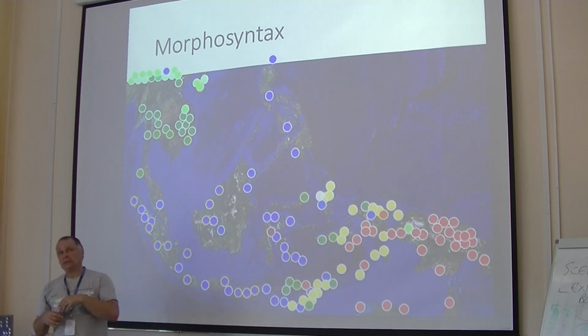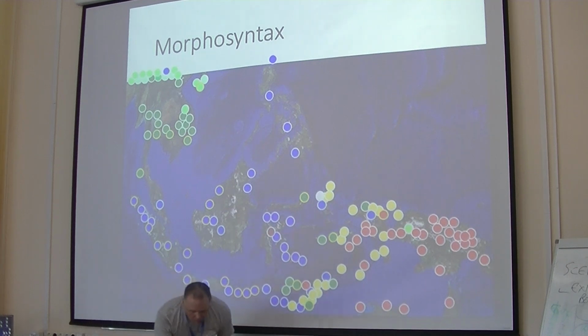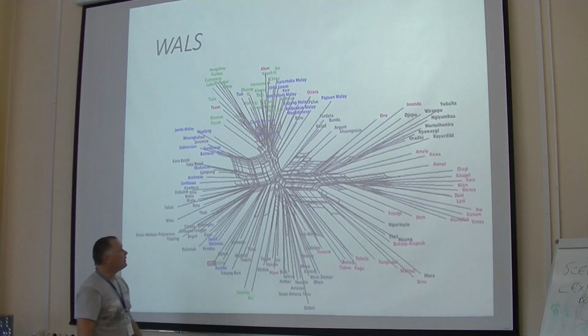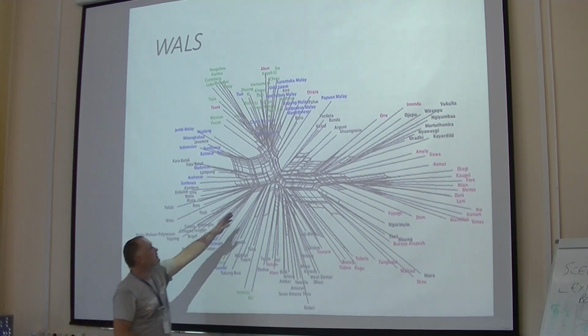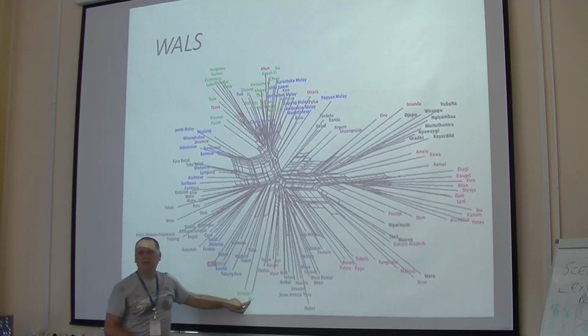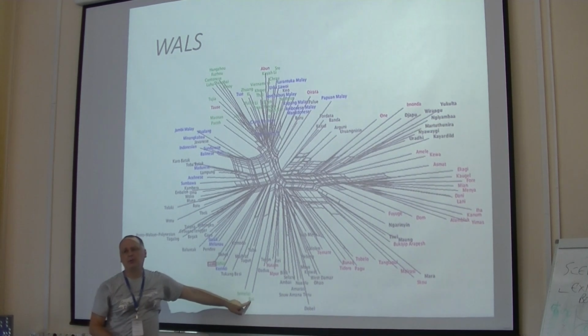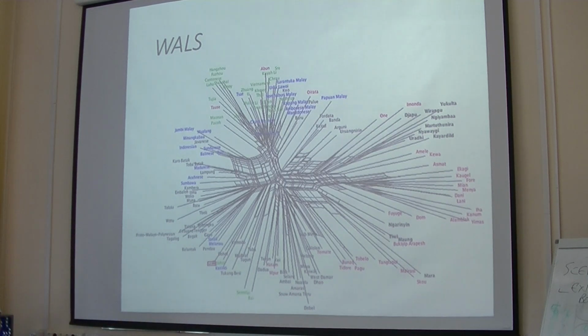In reality, not every single feature has its own isogloss, but many are lumped together as well. This is based on this clustering diagram, and we can see that there's a lot of intermediate cases in reality. There's a clear left versus right, but assigning to any particular cluster is fairly arbitrary. Ideally, we wouldn't look at morphosyntax as a single group, but we'd find logically coherent subgroups. I think that would be better.